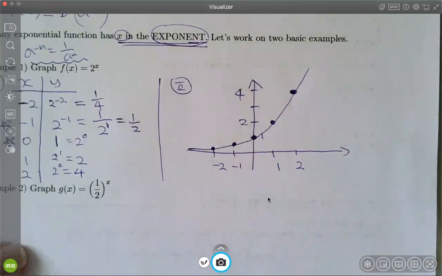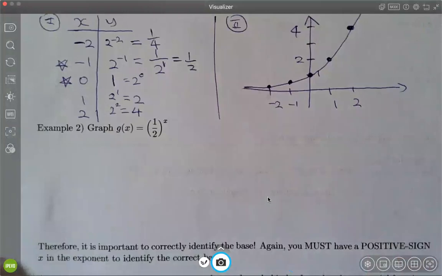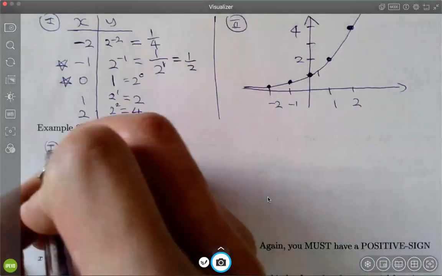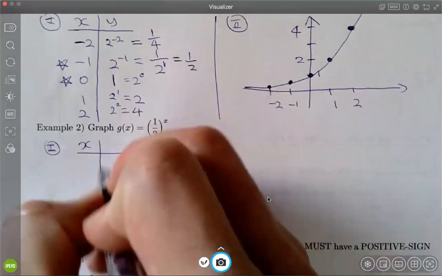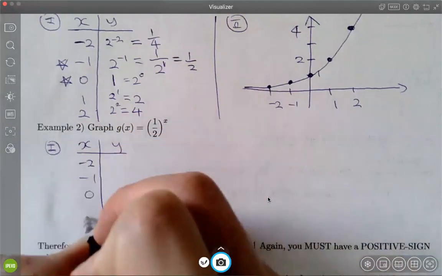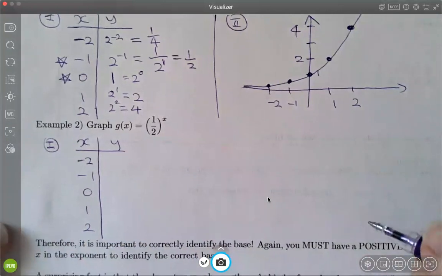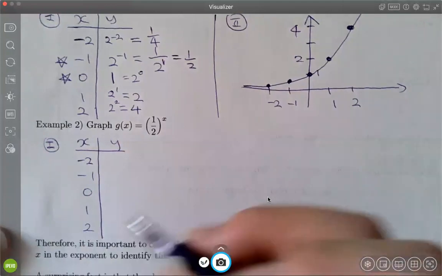And now part B, or number 2, 1/2 to the power x. And we'll do the same thing here. First we will choose the same x values: negative 2, negative 1, 0, 1, and 2. Now, again, we will go backwards. When x is equal to 2, we have 1/2 to the power 2.